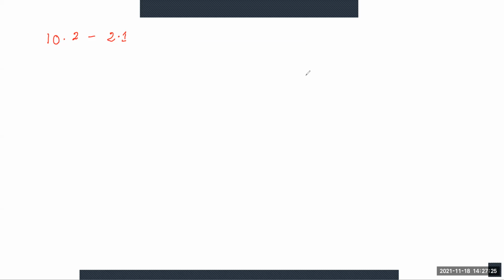One thing I also informed: whenever you do tens complement BCD subtraction, here you can see this is 10.2 and this is minus 2.1. If we consider the digits, before the point there are two digits here, but here it is one digit.